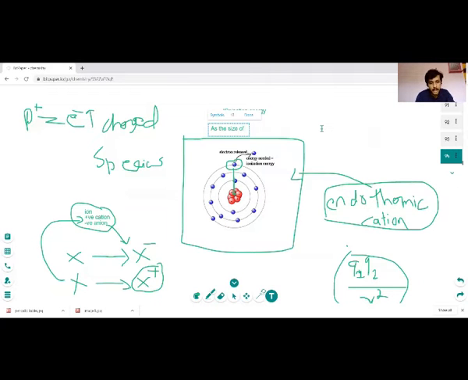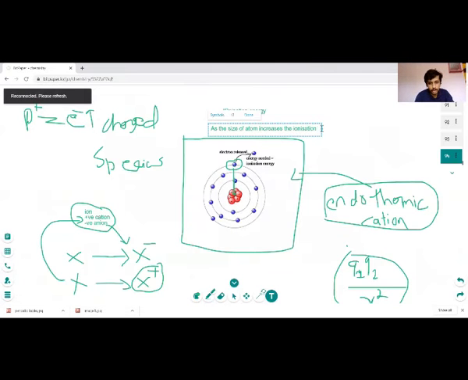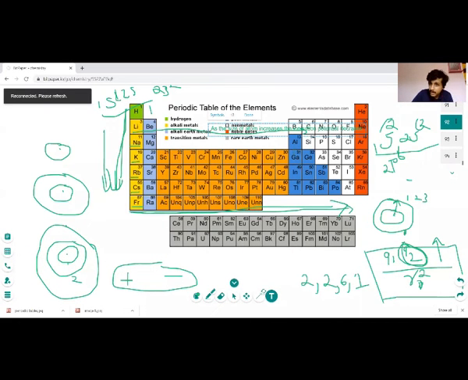Size of atom increases, the ionization potential or ionization energy decreases, and vice versa, right? As the size decreases, ionization energy increases. That is the case here.